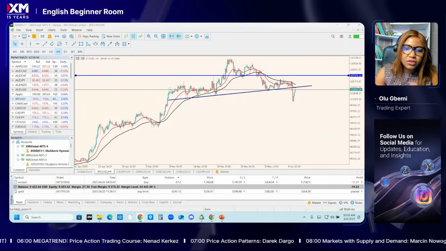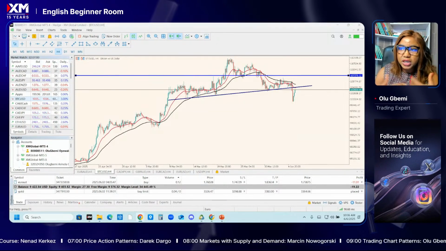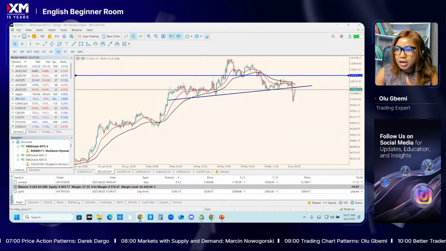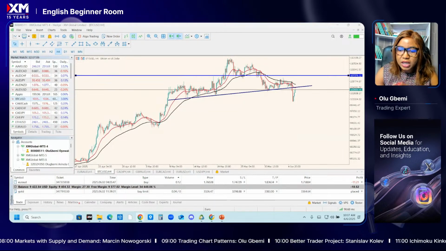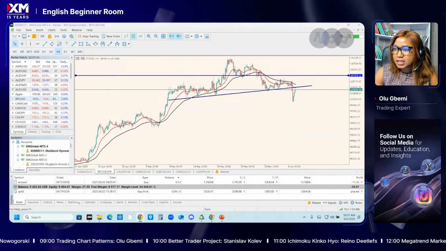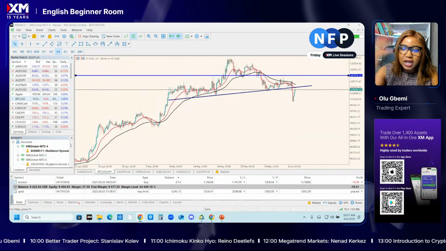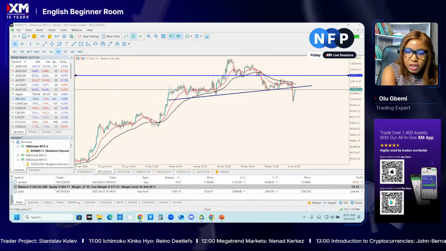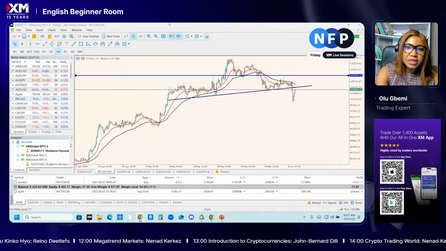So yes, even if I do not understand everything happening in the economy that is affecting this, so maybe whatever is happening between the US president and the plans and everything that is now affecting BTC, affecting the US dollar and some other things, I may not be so well versed in that, but does that mean I can't trade?